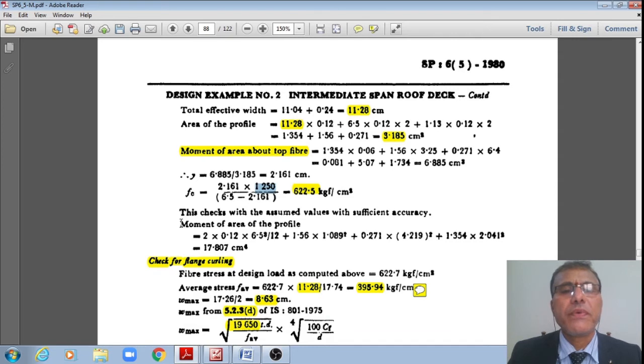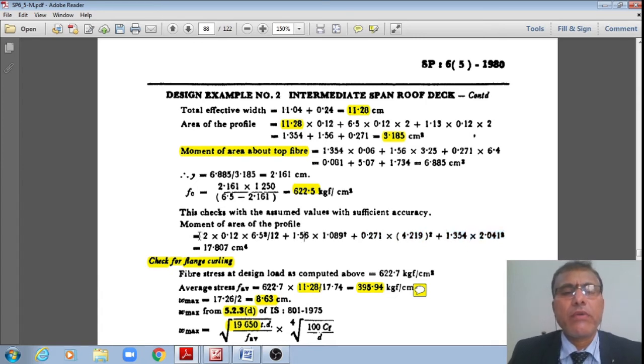Therefore, the moment of inertia of this profile is equal to that of the webs, 2 multiplied by 6.5 whole cube divided by 12, and that of the flanges, 1.56 multiplied by 1.084 whole square plus 0.271 multiplied by 4.219 whole square plus 1.354 multiplied by 2.041 whole square.